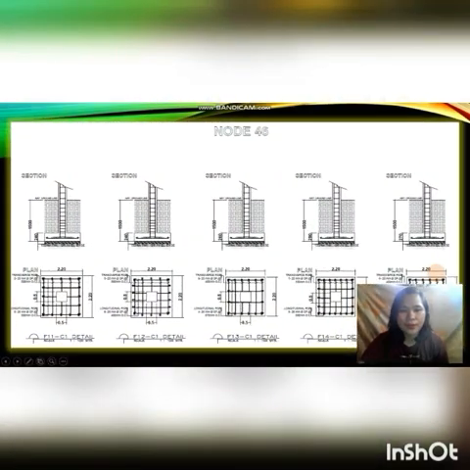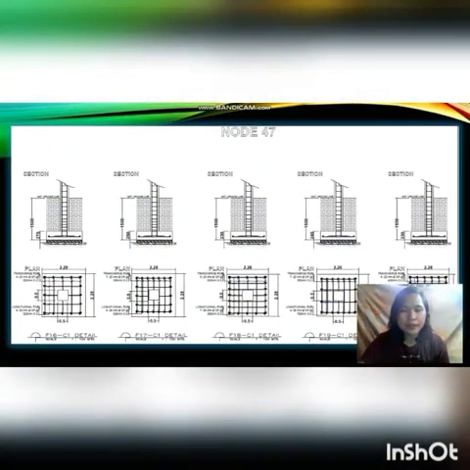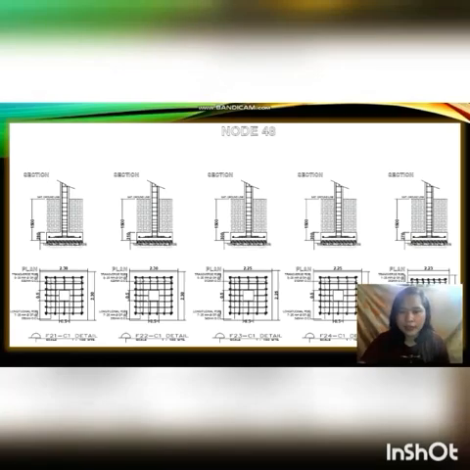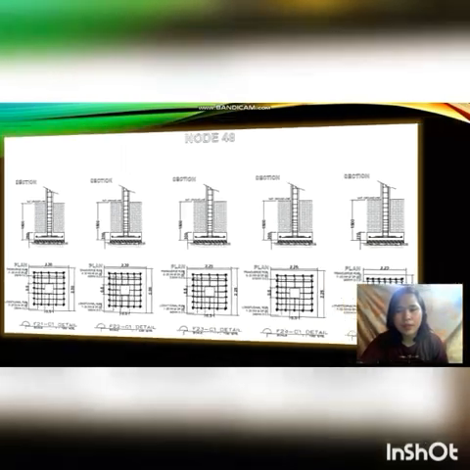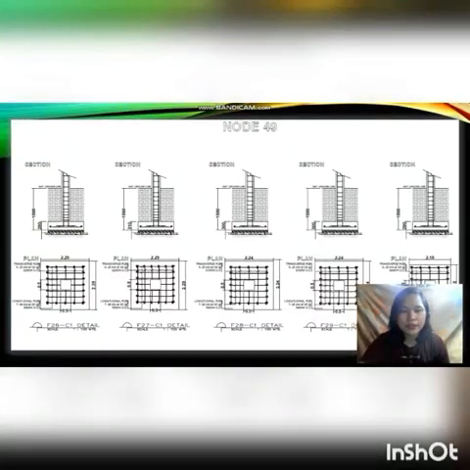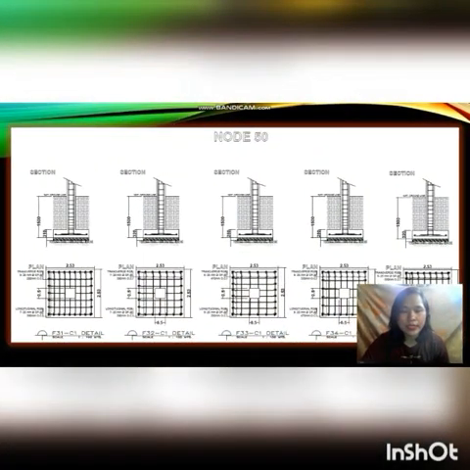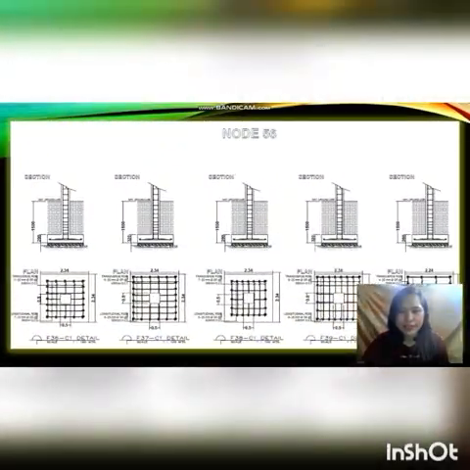Next is the node 46. This is our top 5 for that node. For our node 47, our node 48 for isolated footing design, and for our node 49, node 50, and lastly our node 56.